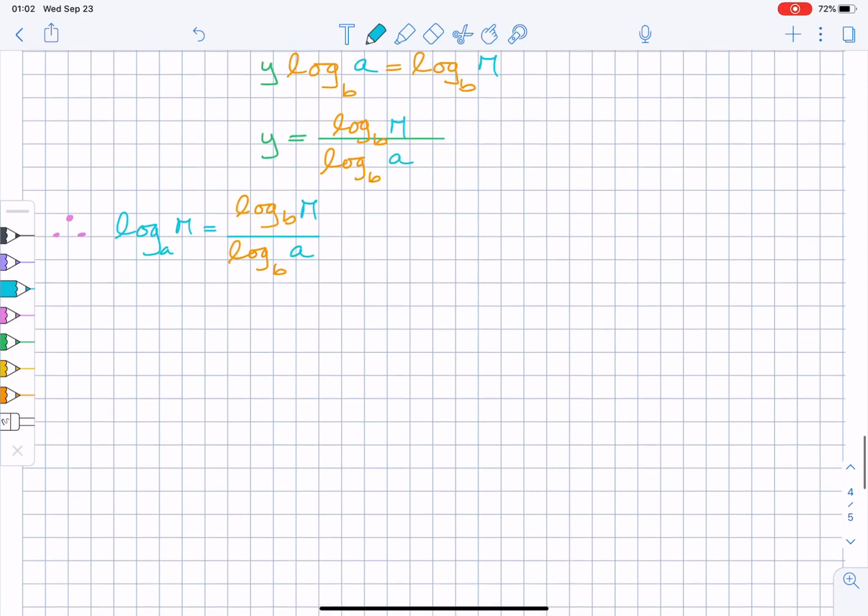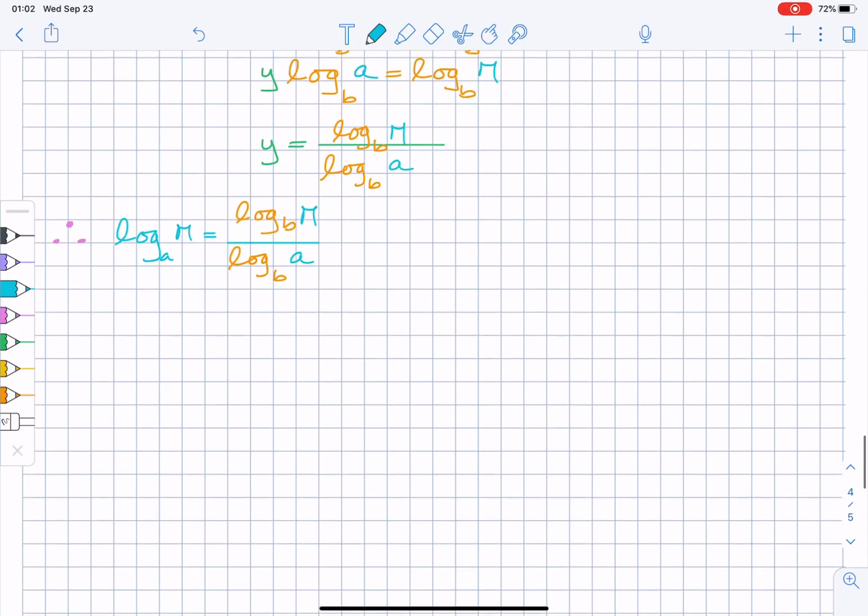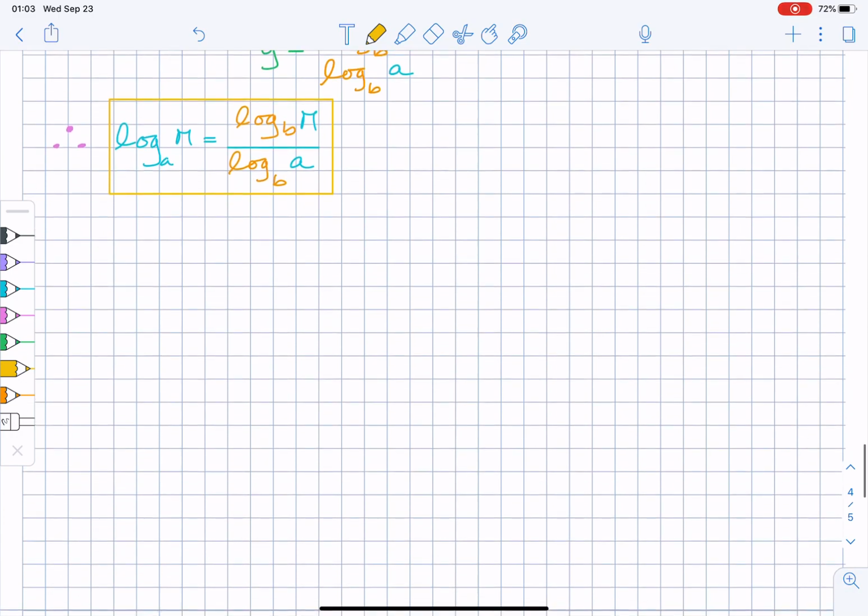So this is known as the change of base formula, because I've changed from an expression with base a to an expression with base b.